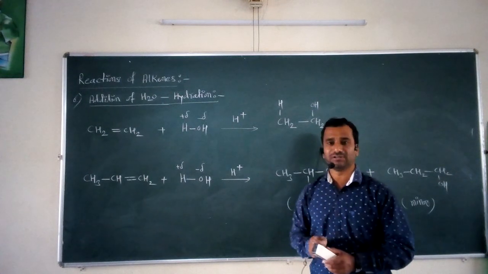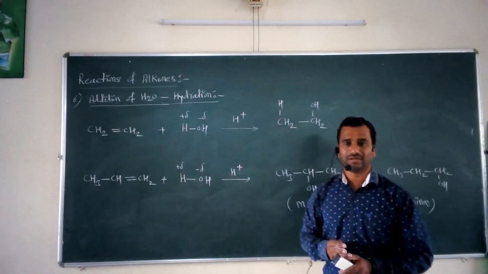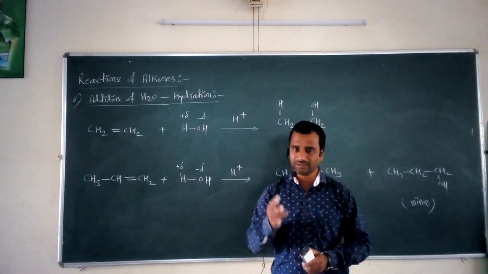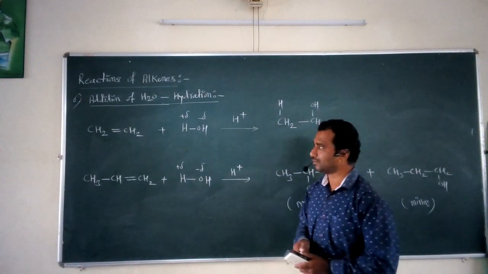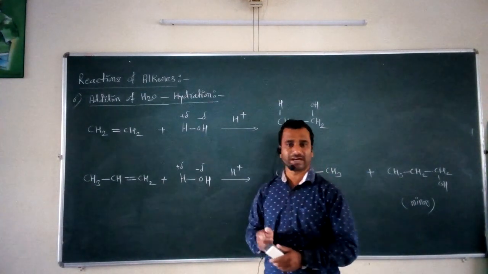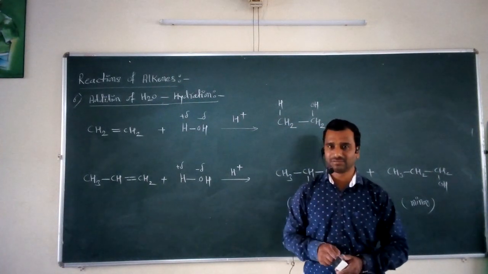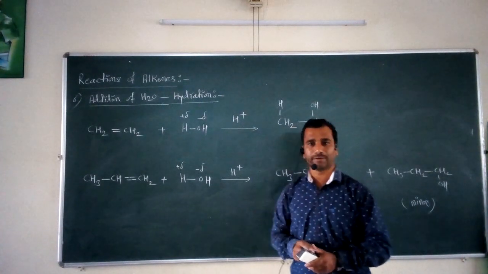So in today's video lecture, we studied three different important reactions given by alkenes. All these reactions are called addition reactions. The first reaction we studied is the addition of HBr across the carbon-carbon double bond, called the peroxide effect. In that reaction we studied one important rule, called the anti-Markovnikov's rule.